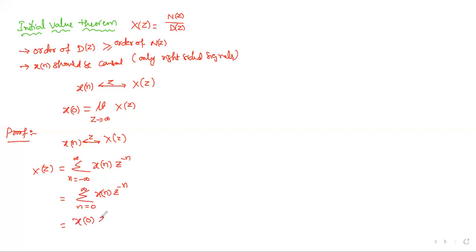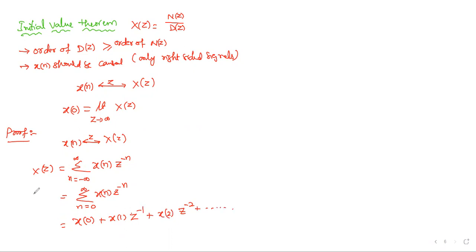Now substitute each value, starting with n equal to 0. x of 0 into z power 0 is 1, plus x of 1 into z power minus 1, plus x of 2 into z power minus 2, and so on. It will go on till infinity.